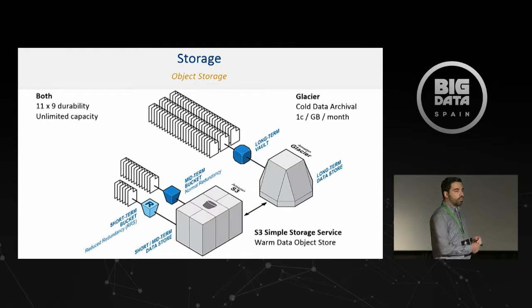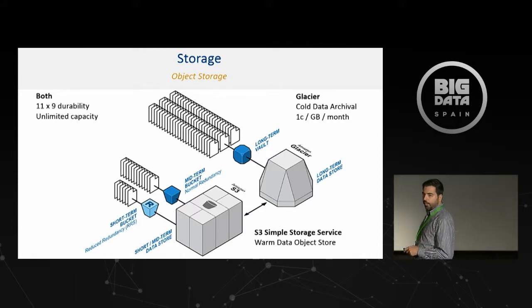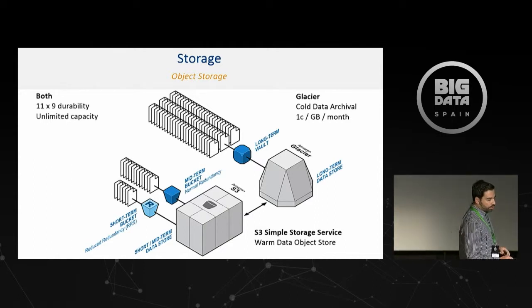And those are durably stored across multiple data centers in a specific region. And then, if we want to store data for long periods of time, we can save money by moving those into Glacier. Glacier is the archival service of AWS. So you can see how we can combine those two services to optimize for our use.